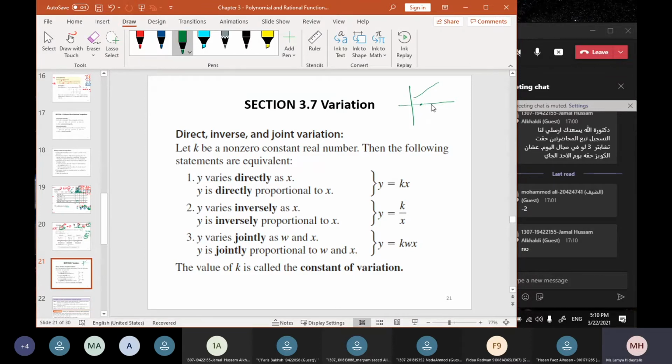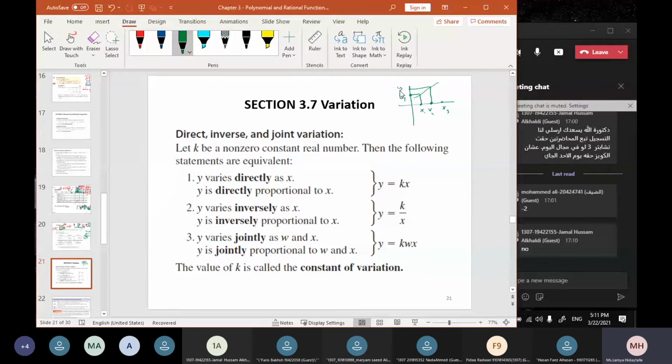This is x1, say this is x2, this is x3, and so on. So for instance, this is x1, a value of x1, and this is the relative y1, correct? Now, when I increase the x, say to x2, then what happens to the value of y?